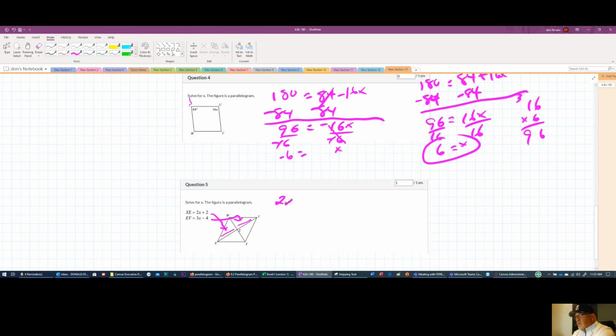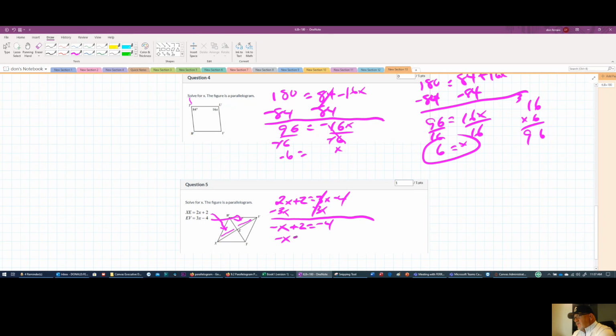So I've got 2x plus 2 is equal to 3x minus 4, and I'm going to move my x over here, so I say negative 3x, negative 3x, so I've got negative x plus 2 is equal to negative 4.